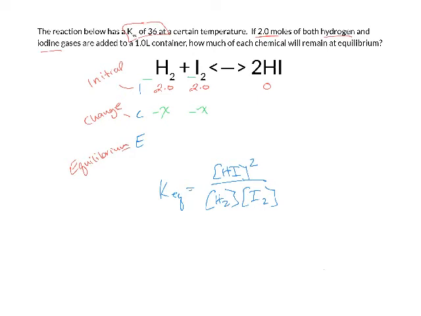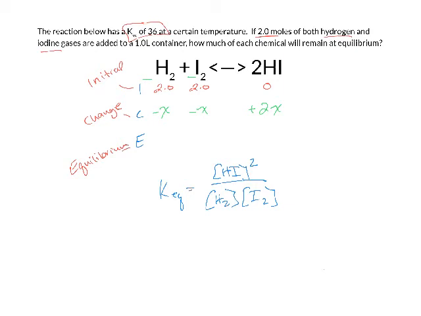Now, since hydrogen iodide has twice the molar ratio of hydrogen or iodine, the amount that hydrogen iodide changes by is going to be twice the amount that iodine or hydrogen change by individually. So the reason that this is a 2 is because the coefficient in the reaction is a 2.